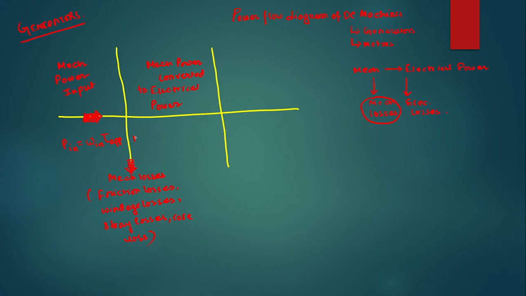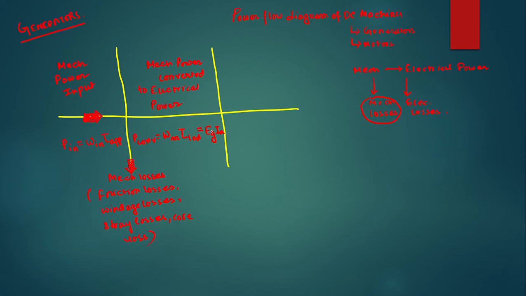So here the equation will be P converted equals omega m or omega mechanical multiplied by the induced torque, or this can be written as Eg into Ia, right? Or generated EMF into armature current.